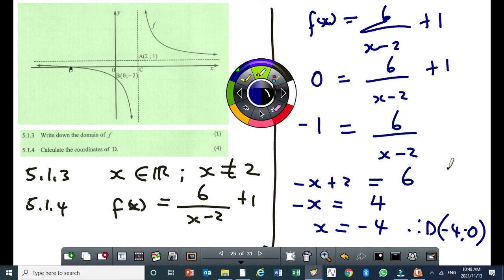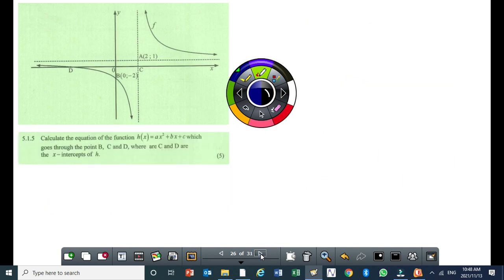Then the different question. Then 5.1.5 says calculate the equation of the function h of x which goes through the point B, passes through the point B, point C, and point D. And so pass through, we don't know whether it's a minimum or turning point, where C and D are the x-intercepts.